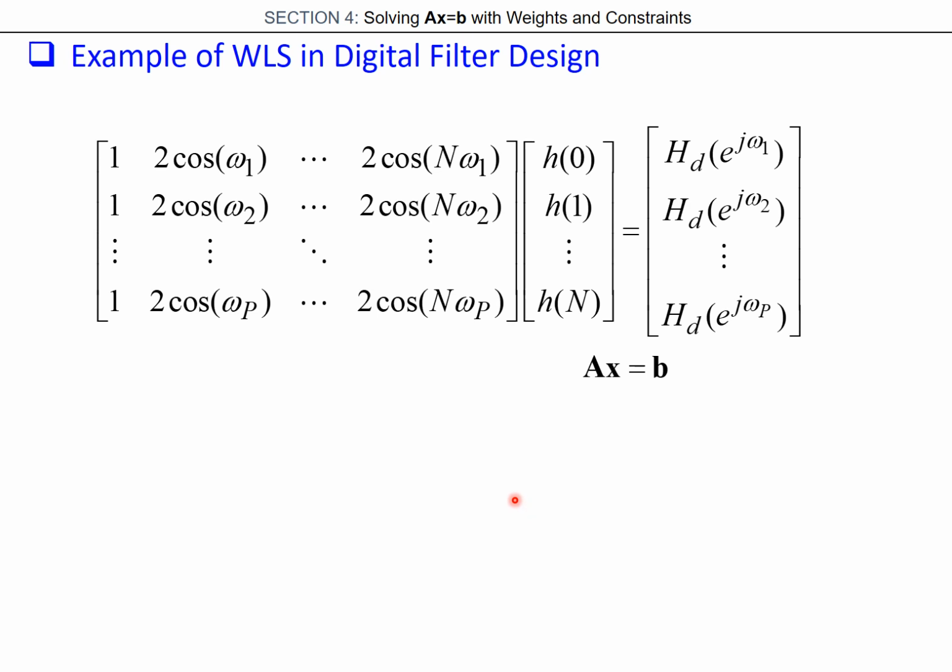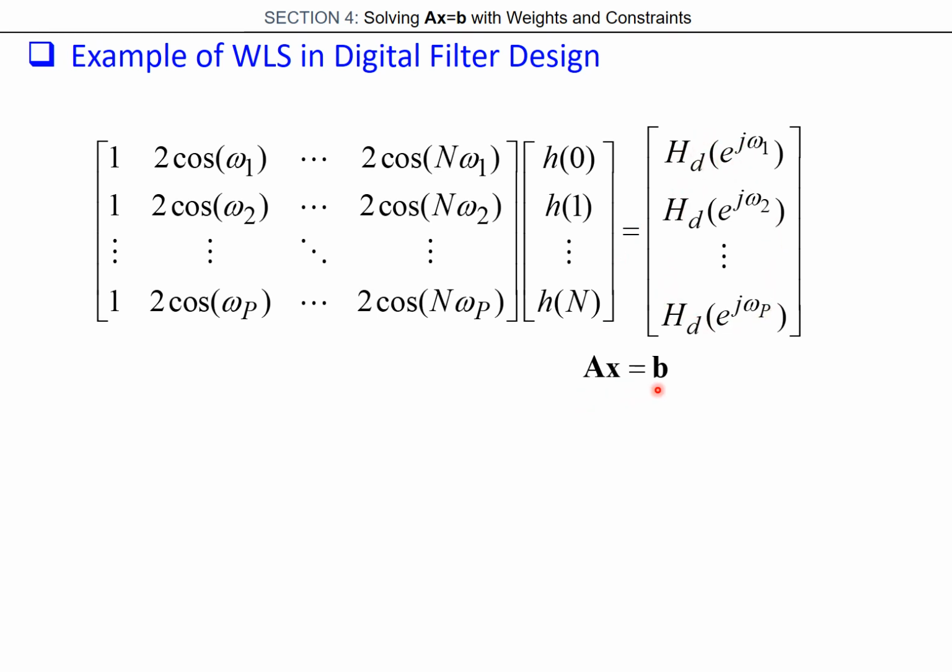So what you can do is write the requirement that at these desired points you get the actual response that you want from the filter itself. You can simply write it like this. There are n plus 1 coefficients in the filter that you're trying to design, and these are the desired frequency responses.